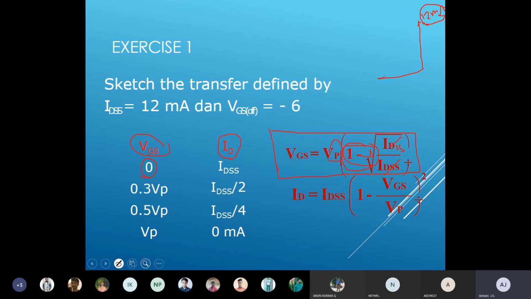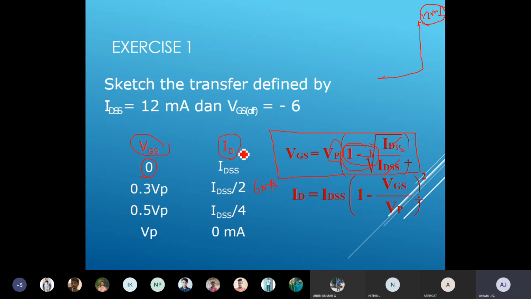Next case, I kept half of the value, so IDSS by 2. Now IDSS is 12 milliamps, so I will substitute 6 milliamps here. In the numerator it is 6 milliamps, and in the denominator it is 12 milliamps. ID is IDSS by 2, which represents 6 milliamps.